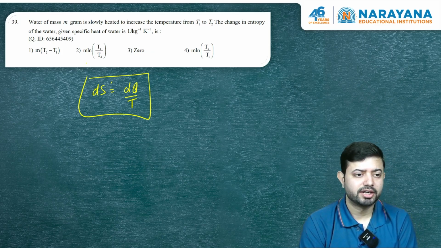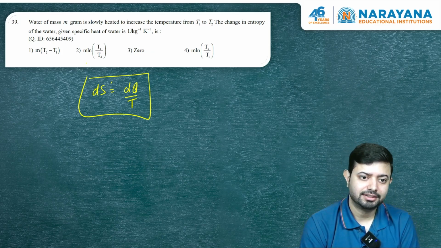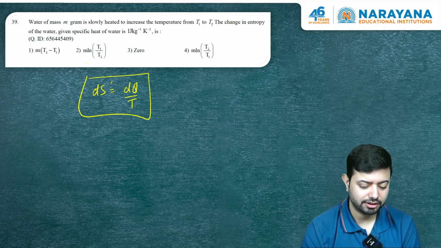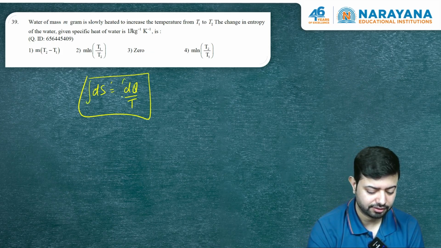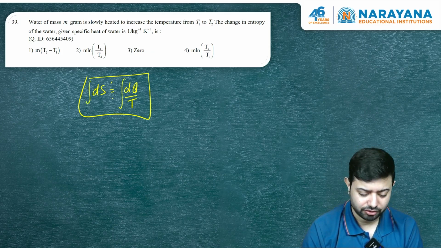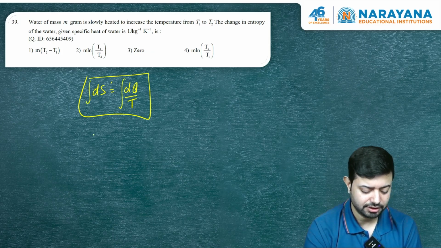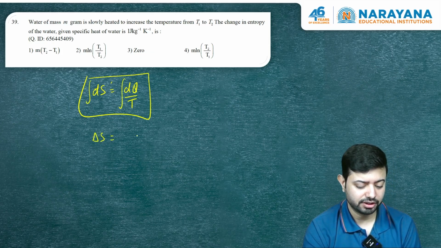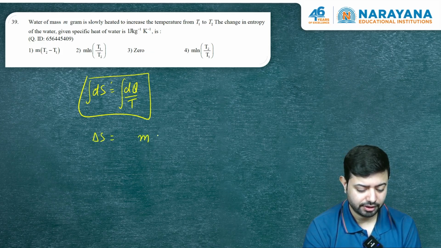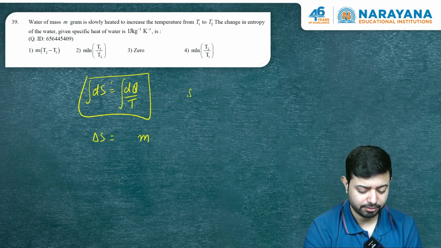You should write dq by T, and then if you want to find the total change in entropy, you should integrate this. So, what will be the answer? The change in entropy delta S is the integral of dq by T. What is dq? It is slowly heated to increase the temperature from T1 to T2. You will write m, and then S is how much given?